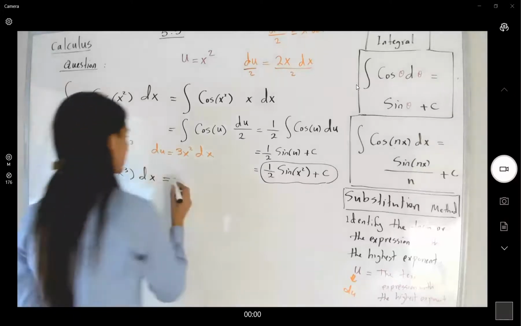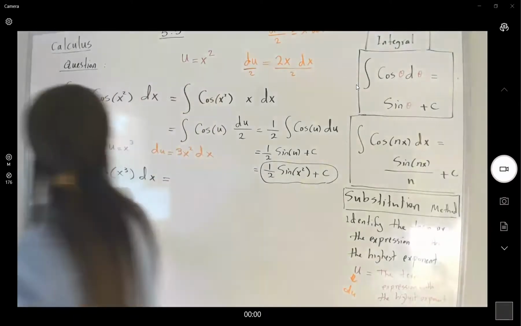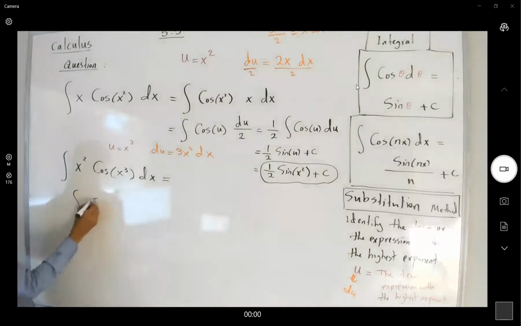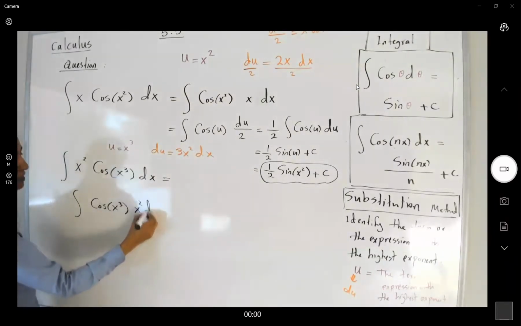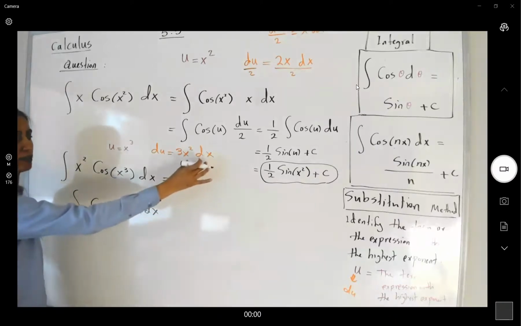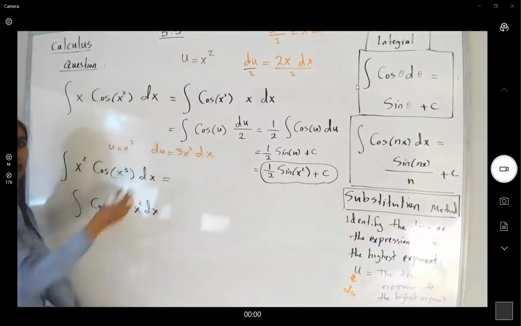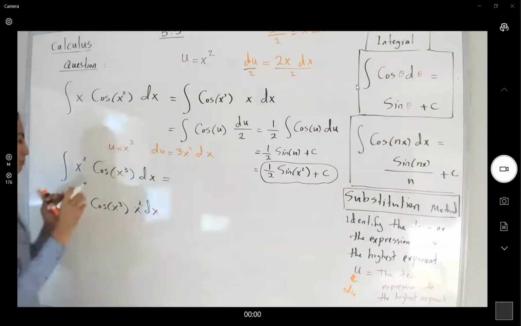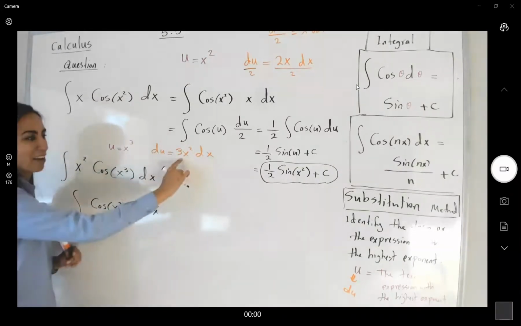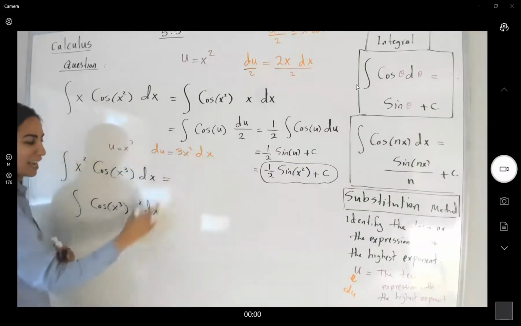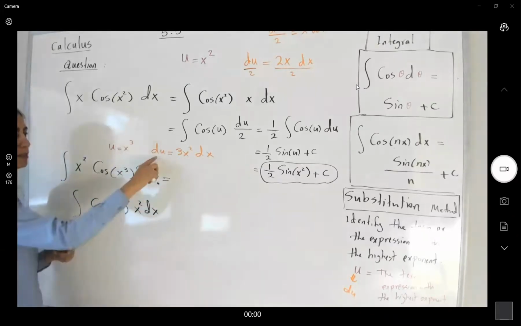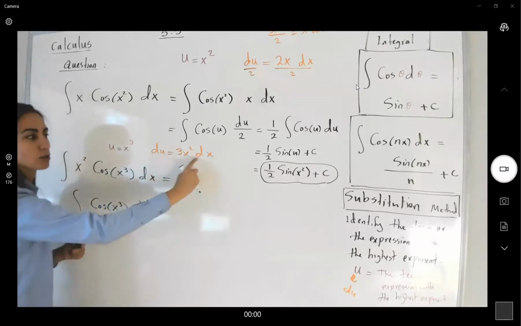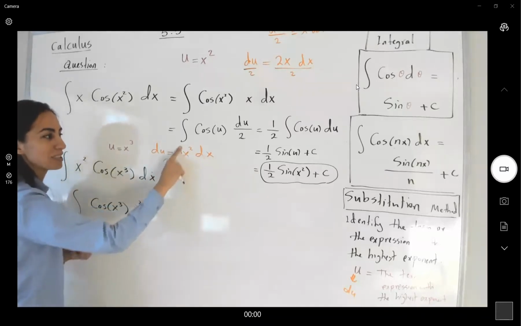This can be written as the integral of cosine x cubed times x squared dx. So I have some part of my du. I'm trying to simplify my integral. I have x squared dx. I don't have 3, but if I divide everything by 3, I get du divided by 3 equals x squared times dx.